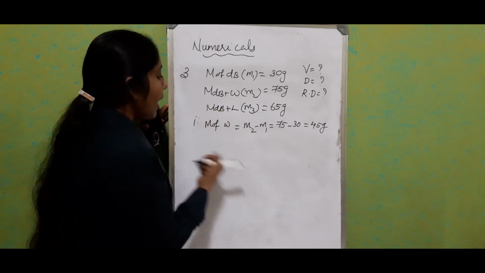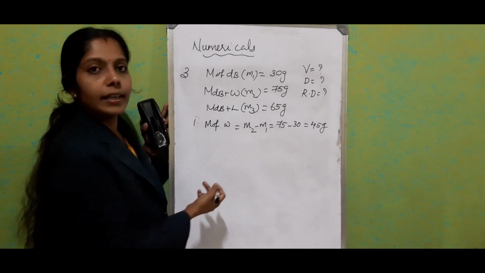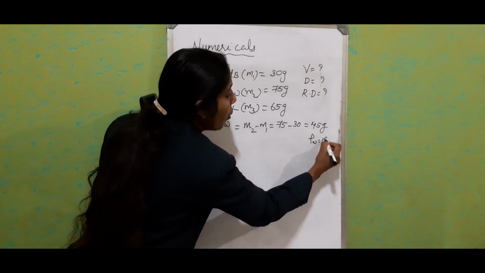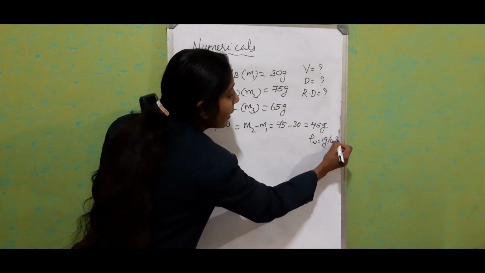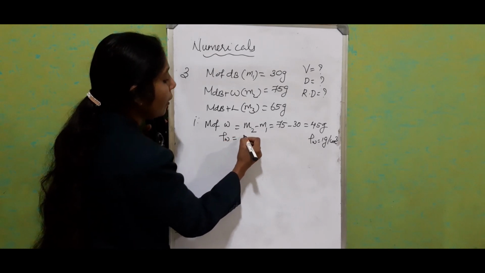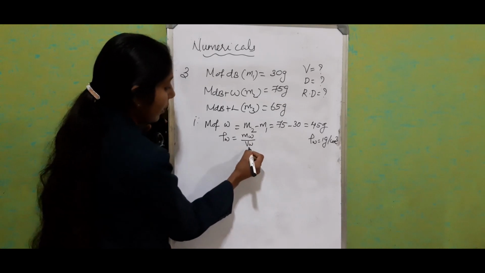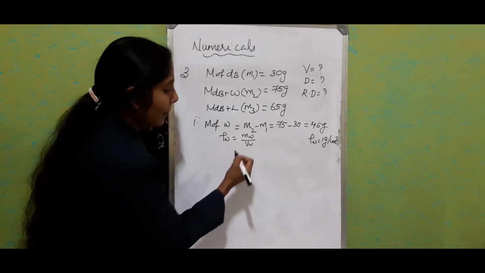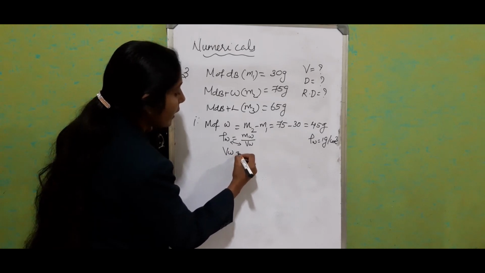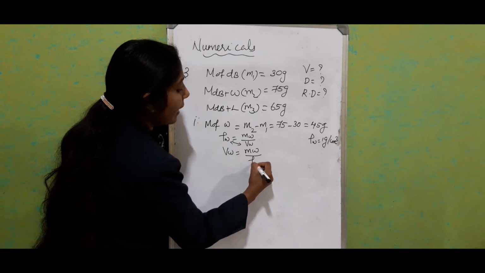Okay, how can we find out the volume of water? Here it is given in terms of gram. So we know that the density of water is 1 gram per centimeter cube. We'll substitute in that value. Density of water is equal to mass of water by volume of water. We'll do the cross multiplication. Then we'll get volume of water is equal to mass of water divided by density of water.